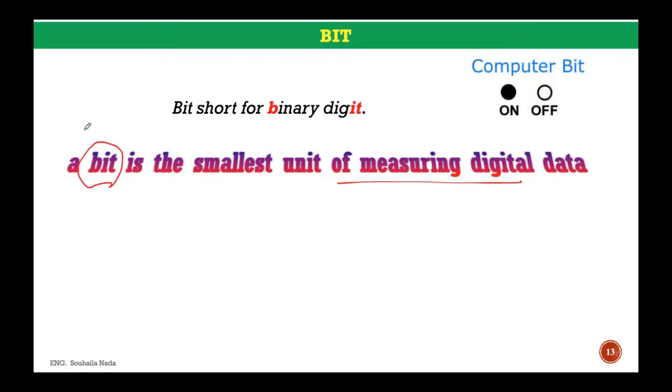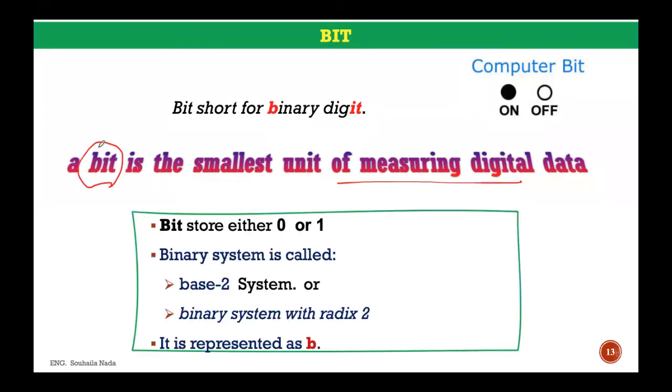The bit stores either 0 or 1 only. It is called the base 2 system, and I think now you know why. What is the reason why it is called the base 2 system? Because we are having only 2 bits.